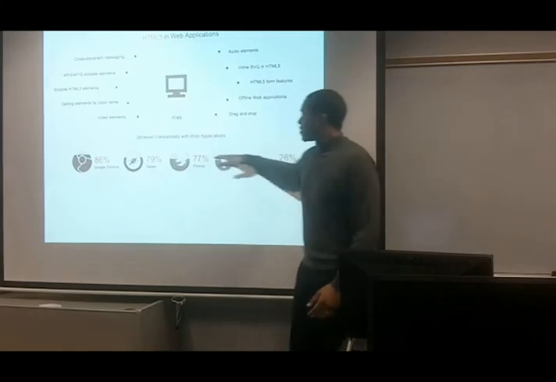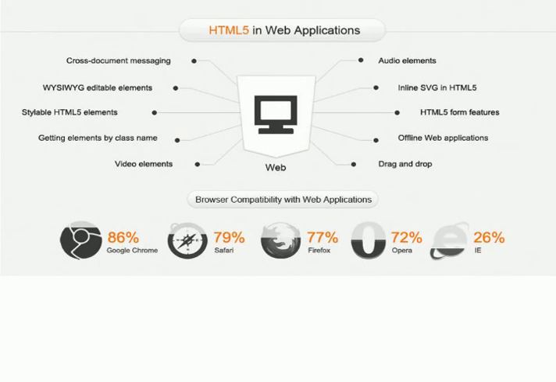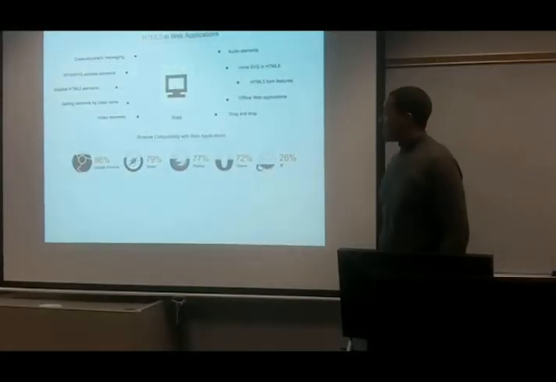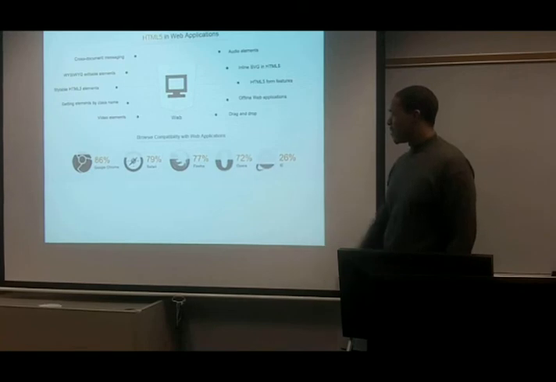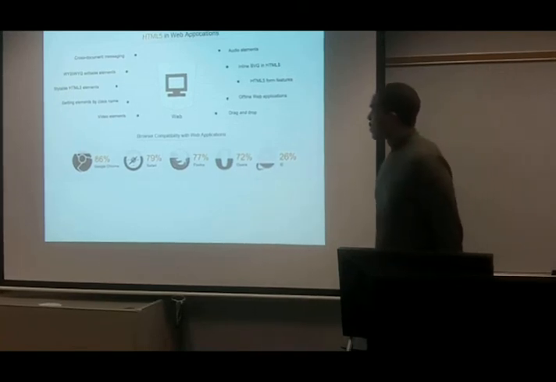But just a little bit of statistics here. This is actually maybe a year or so back. These things change so fast. But in terms of the HTML5 compatibility with a lot of the browsers, IE is still kind of low, 26%, whereas the others are in the 70s and 80s. But these are pretty much the big five: Google Chrome, Safari, Firefox, Opera, and IE.